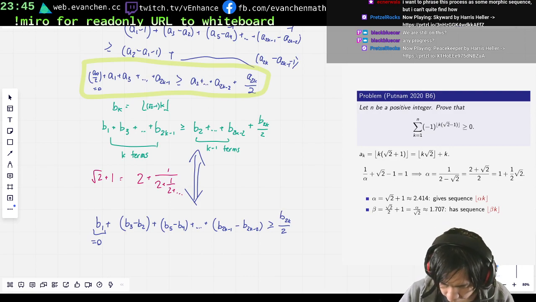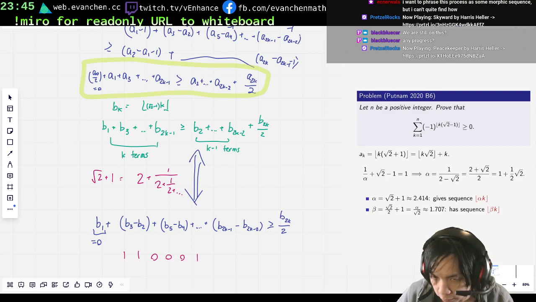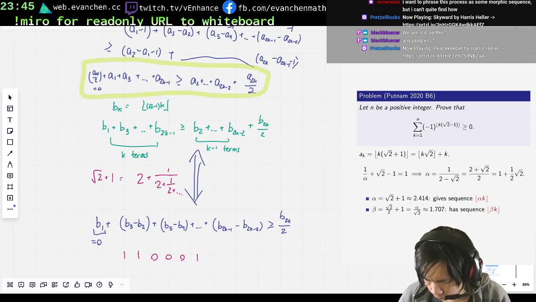So the first few terms of the sequence are 1, 1, 0, 0, 0, 1. Does that match the sequence I have here?